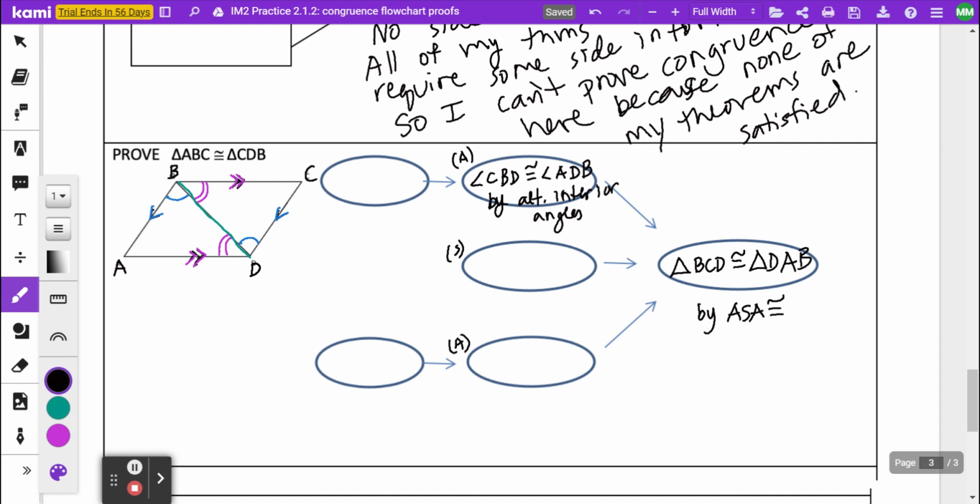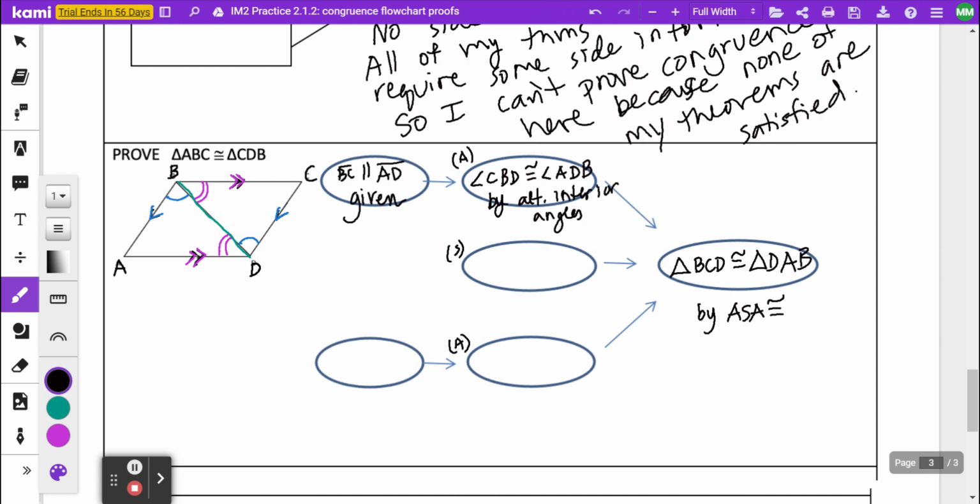I need to state the parallel lines which are allowing me to say so. This purple angle is given by my purple parallel lines. So that will be line BC is parallel to line AD, which is given. And I said line, but I should have said side. That's some precision that I struggle with.